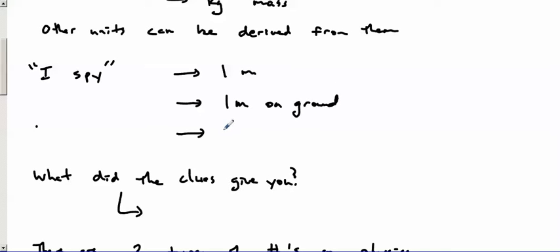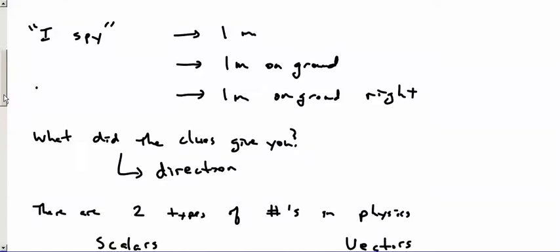And then if I said that it's 1 meter from you, it's on the ground, and it is on your right, your head would spin around to the right, and you would hopefully identify what that object was. And so in each case, the clues are giving you more information about direction. And direction is really important in physics.